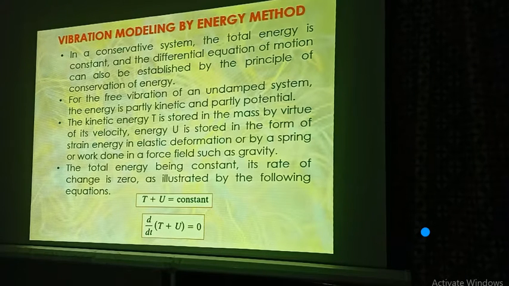That mass will be displaced from the mean position, and when it goes from the mean position to the extreme position, because the elastic element is fully stretched, at that point the kinetic energy of the body will go to zero and it will be totally converted into potential energy.